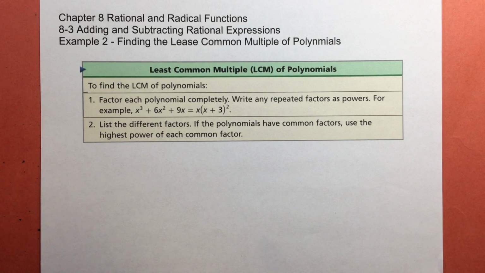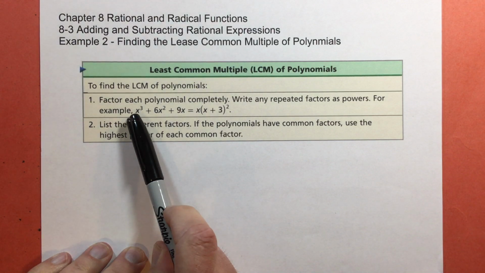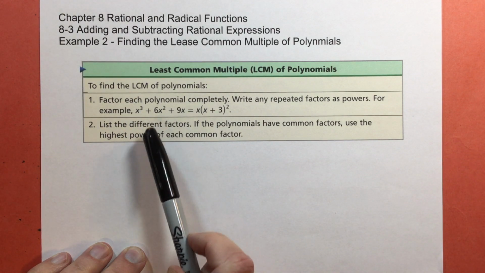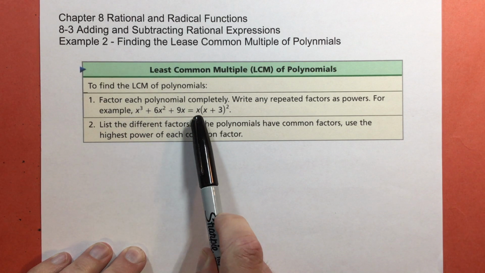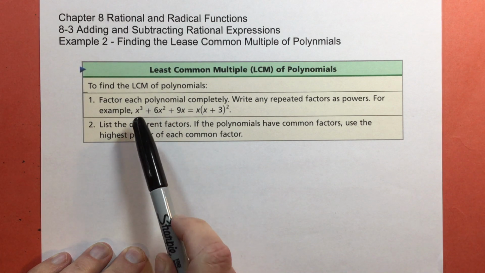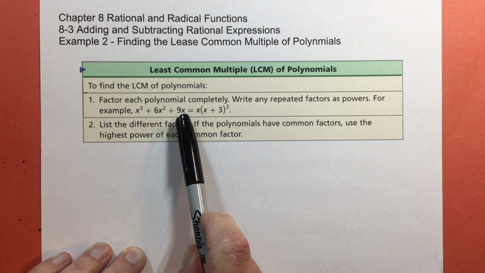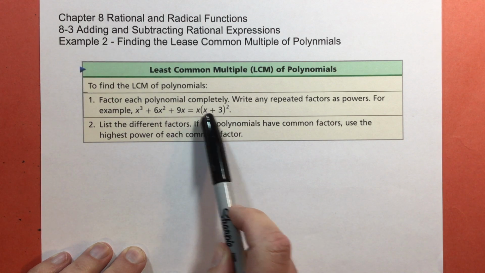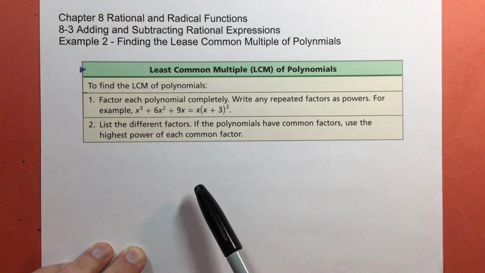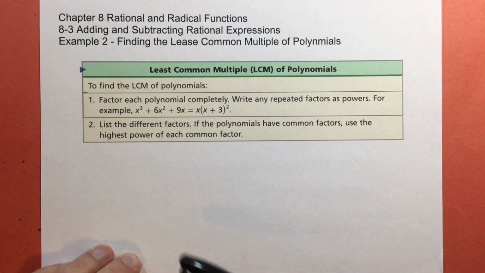So it says, if you were going to factor x cubed plus 6x squared plus 9x, first you have a GCF of x, so you get that out of there, and then this becomes x squared plus 6x plus 9, which is x plus 3 times x plus 3. They want you to write it with a power, like x plus 3 to the second power. I think that might actually be a little hard to see, so it's okay if you don't. I'll let you go on that one.